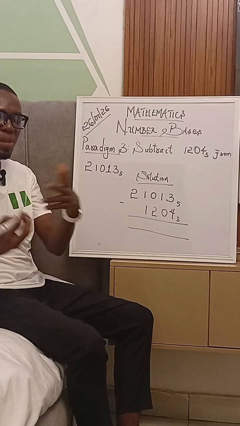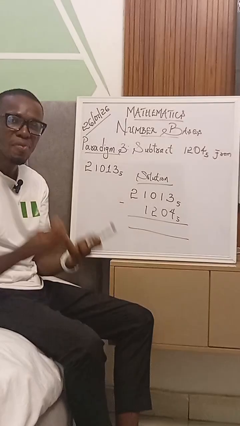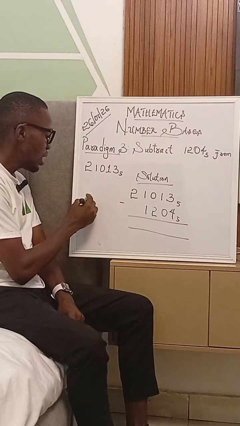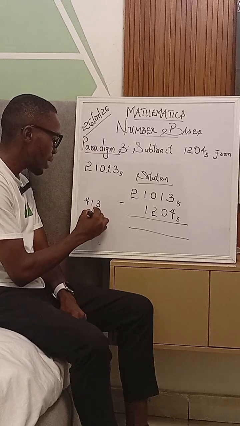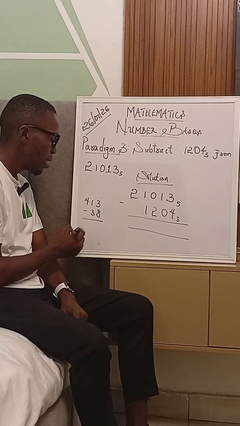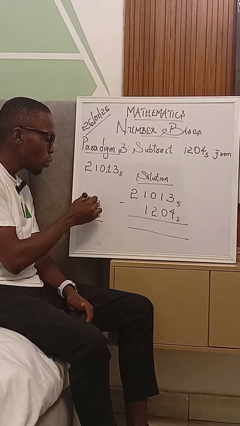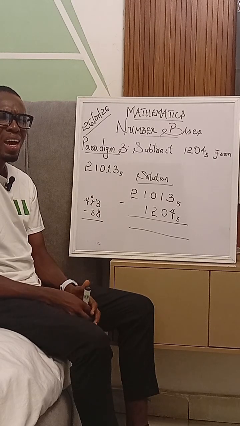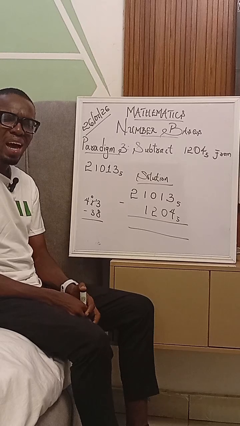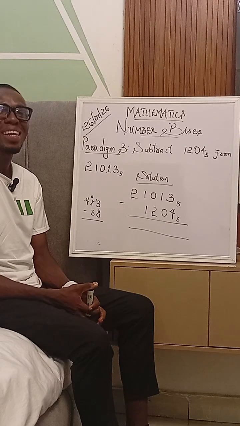Let me quickly tell us this also. Let's take our mind back to very elementary mathematics. If you had something like 413 minus 38, you say 3 minus 8 cannot go, right? You say you borrow 1 from here, it becomes 0. You add 1 to 3, it becomes 13. Have you ever wondered how true that is and how irrational it sounds?